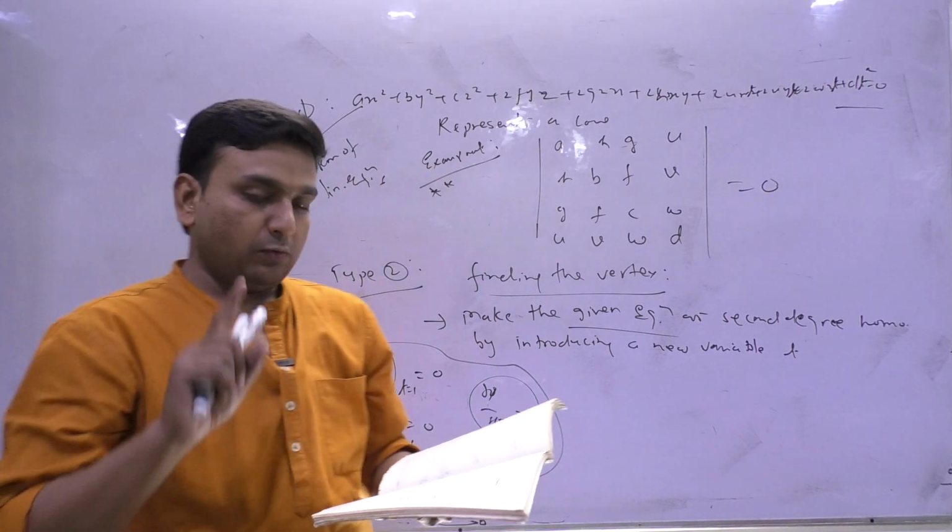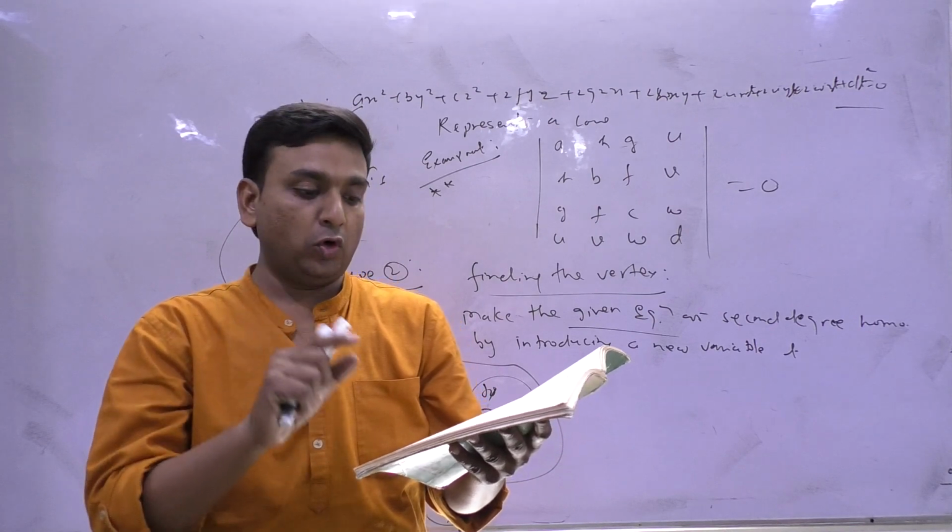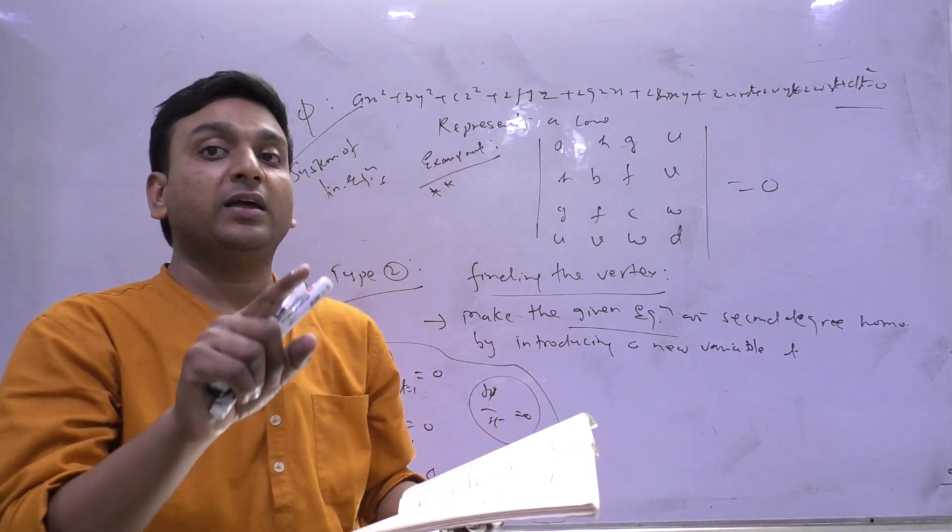Fine. One more thing is there: the equation of a cone whose vertex and guiding curve are given.